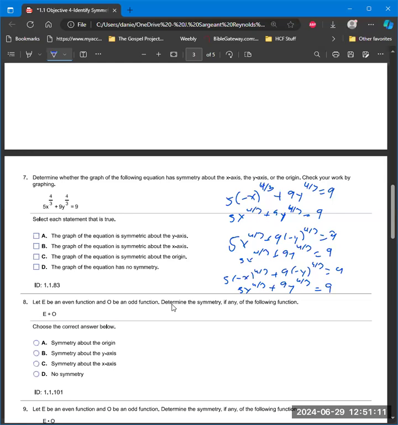So the graph is symmetric about the y-axis, the x-axis, and the origin. This was my test for y-axis symmetry. This was my test for x-axis symmetry. This was my test for origin symmetry.